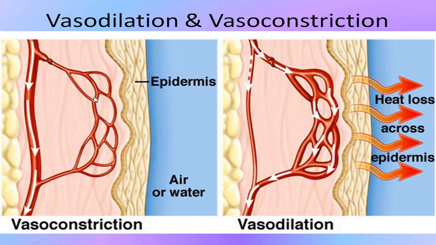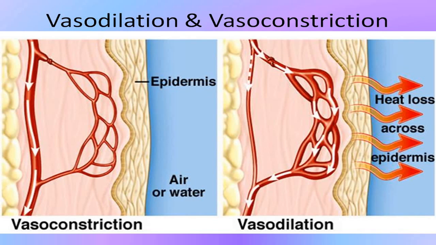You can see that in vasoconstriction there is a constriction, or a decrease in the diameter of the blood vessels. Here capillaries are shown, but in this case there is a vasodilation, an increase in the diameter of the blood capillaries, due to which exchange can easily take place, especially in the capillaries or blood vessels which are present just beneath the surface of the skin.